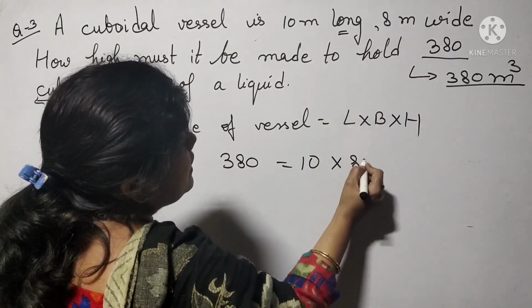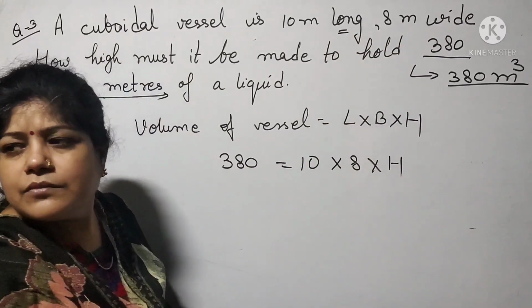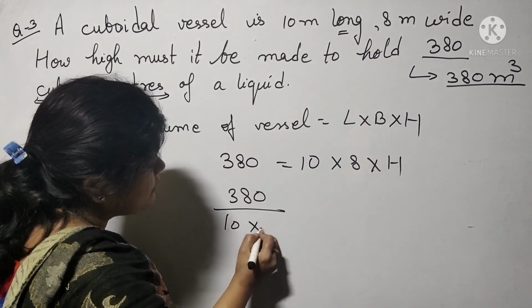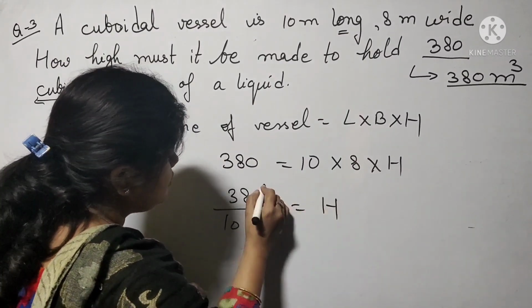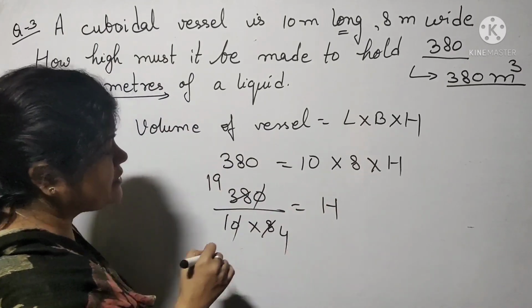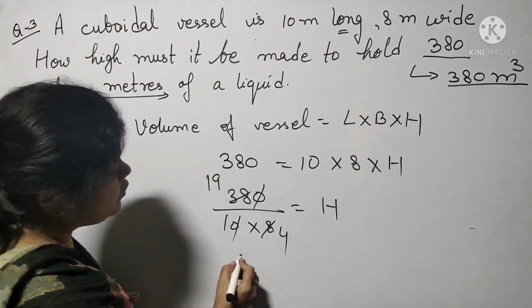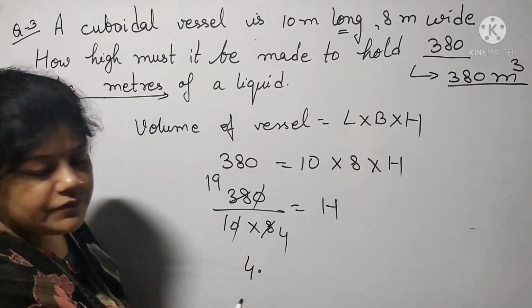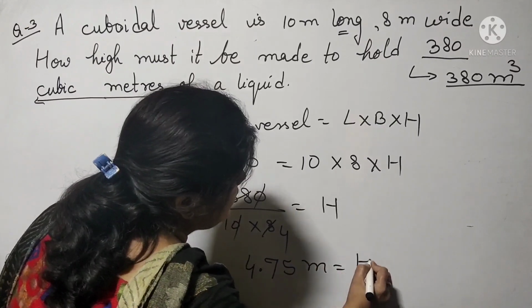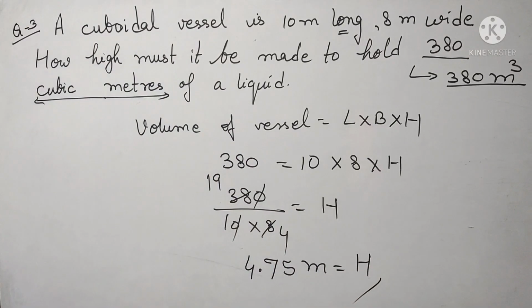This is breadth, and height we don't know. So we get 380 over 10 into 8 is equal to height. 0 and 0 get cancelled. Now when we divide, we get 4.75 meter, which is the height of that cuboidal vessel.